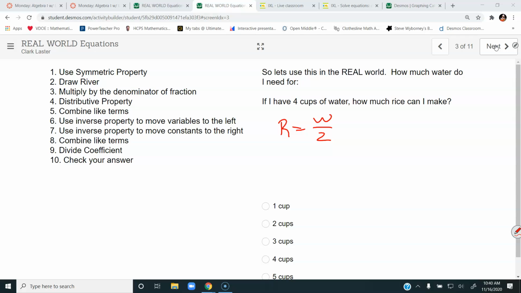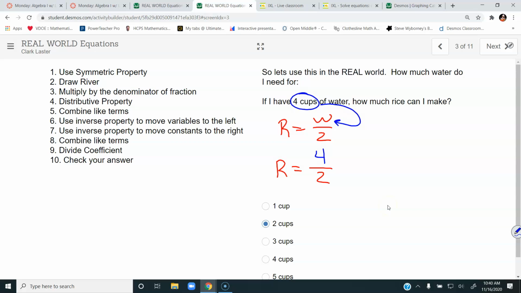It says if I have 4 cups of water, how much rice can I make? Well, all I'm going to do here is put the 4 cups of water right here where the w is. So this is going to be r equals 4 divided by 2. 4 divided by 2 is 2, so you can make 2 cups of rice.